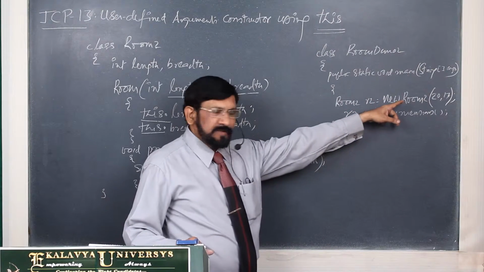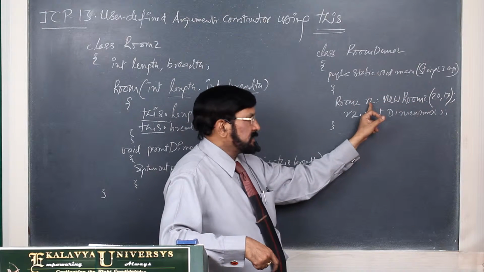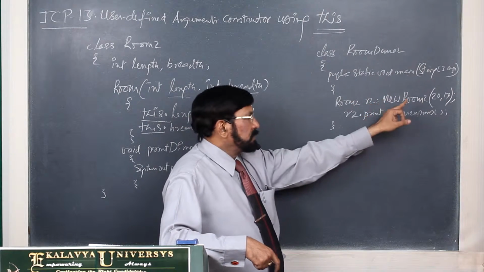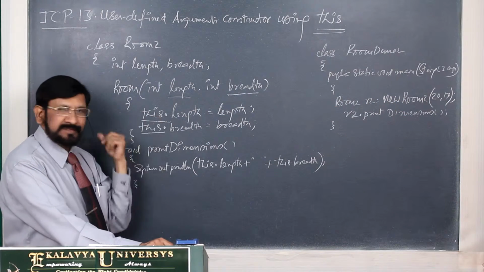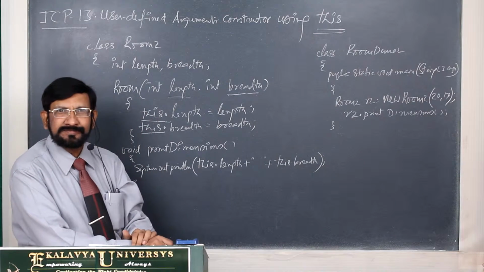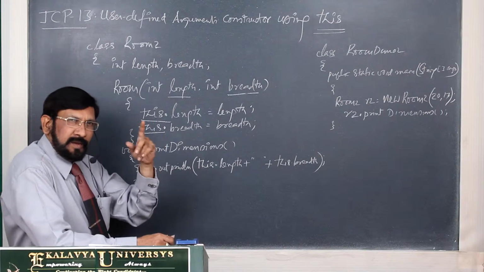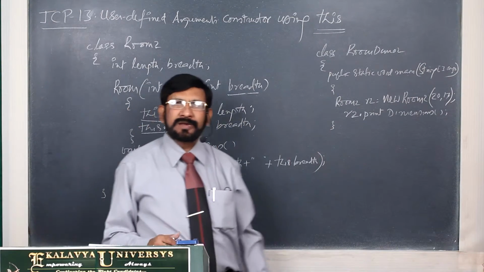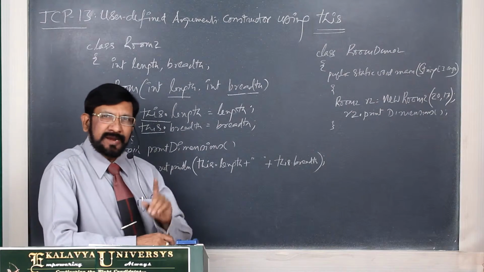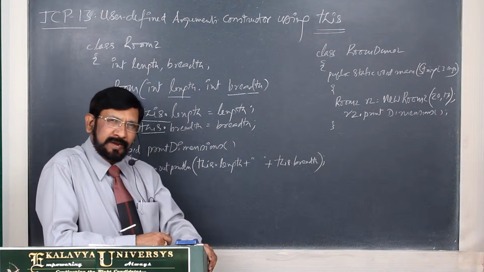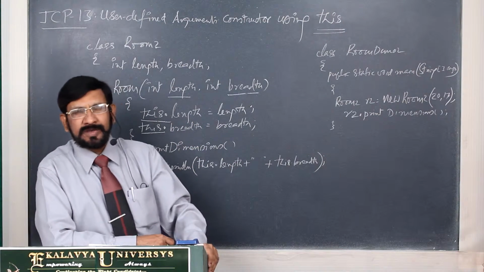Now who is the boss of the constructor? Let us call it the boss. The boss of the constructor is R2. So R2 is represented here by this. This is a reference, an invisible reference. In the previous concept, when I explained constructors and their features, I explained that whenever you define a constructor, an invisible reference is present in the body of the constructor.